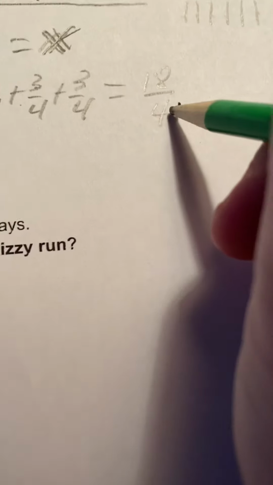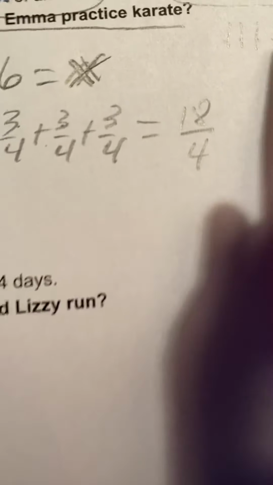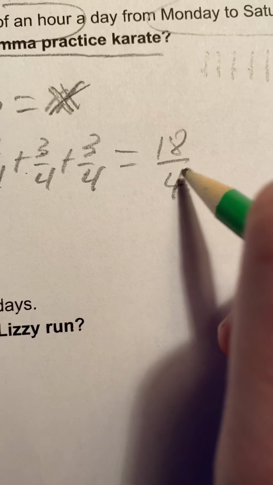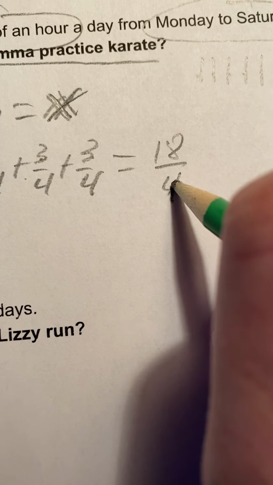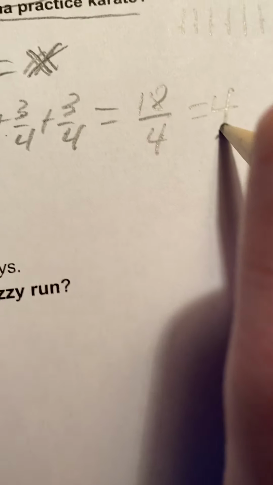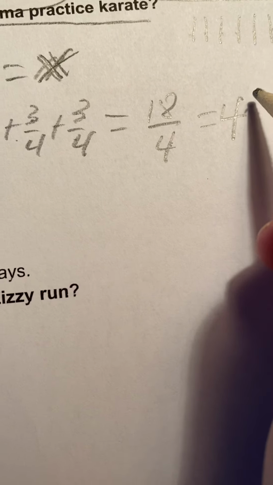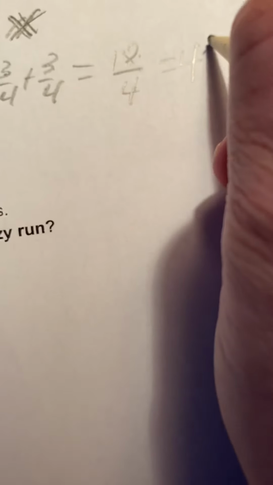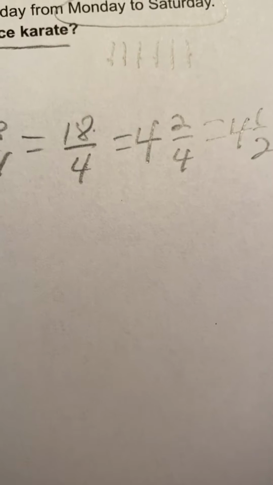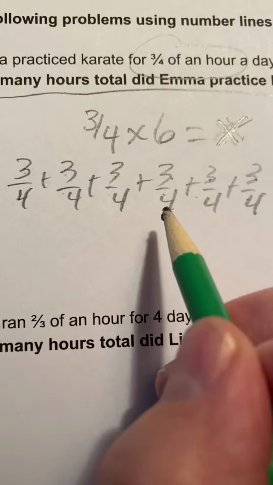And how many 4s go into 18? Well, 4 times 4 is 16. So there's 4 wholes, and there are 16 to 18, 2 left over, 4 2/4. And if we're getting really good at recognizing fractions, we know that 4 2/4 is going to reduce down to 4 1/2. So that's the repeated addition model.